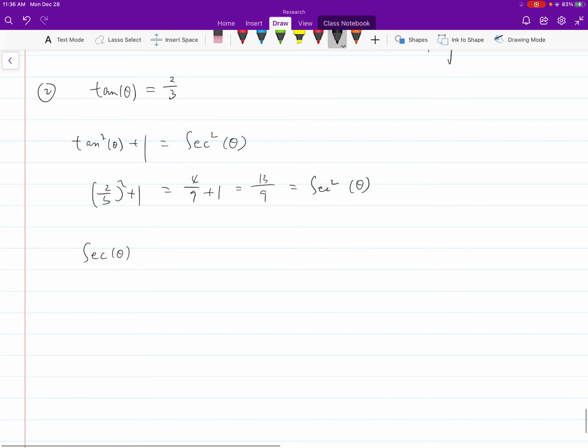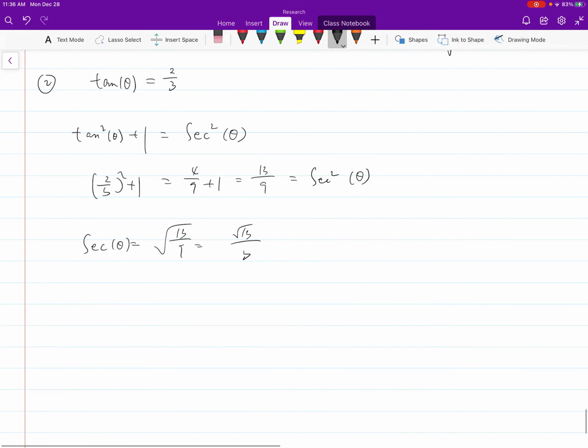So step 1, you have secant theta equals this, which is this, with only one problem. Luckily, you know theta is in quadrant 3. This works for cosine and secant, then you know you should take this one.